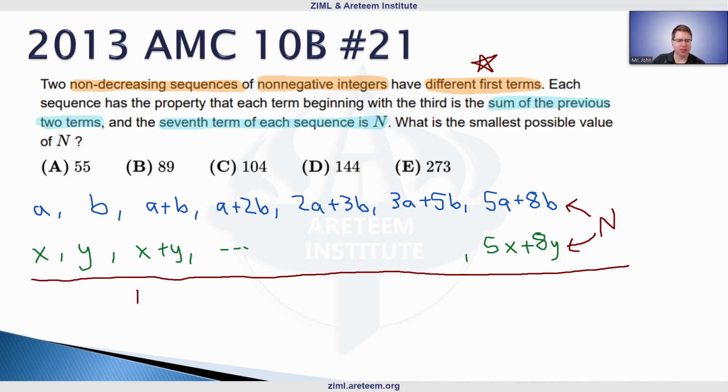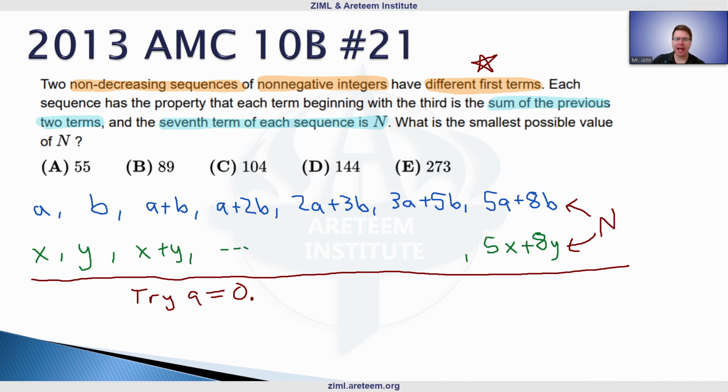So let's try a equals 0. And it should be pretty clear, I'll say a little bit more about this in a second, that if this works, this is going to give us the smallest possible value of n, as long as we pick small values along the way there as well.